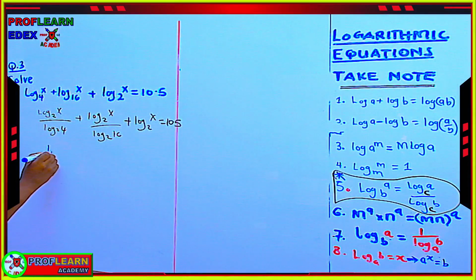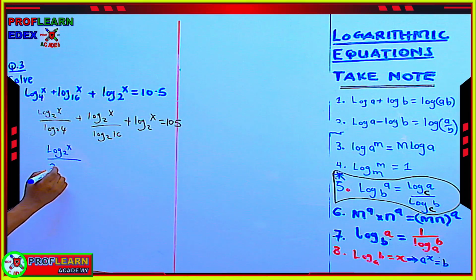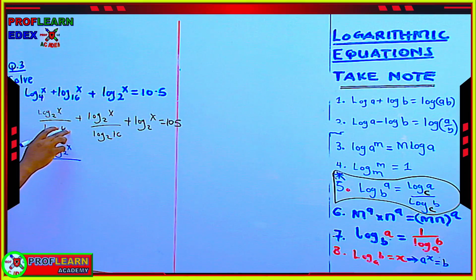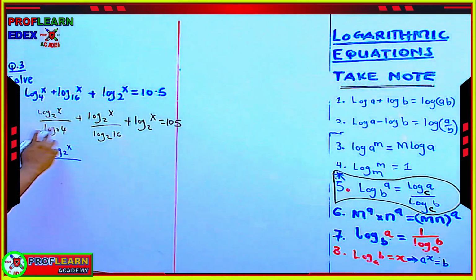This can be written as log x base 2 over, this is the same as 2, since 4 can be written as 2 to the power 2, and the power can be taken behind the log.